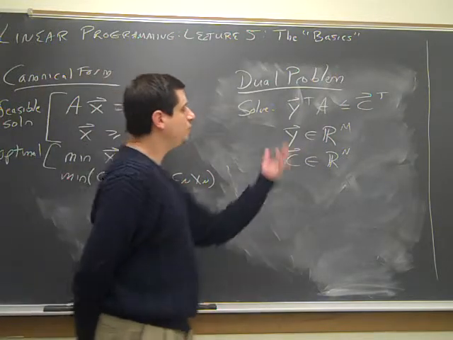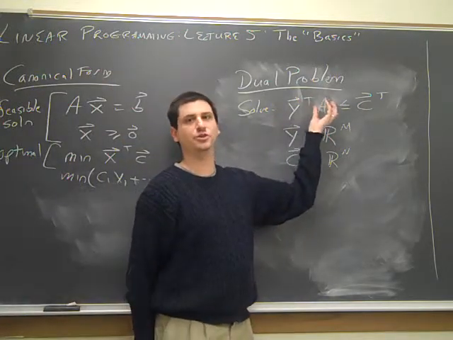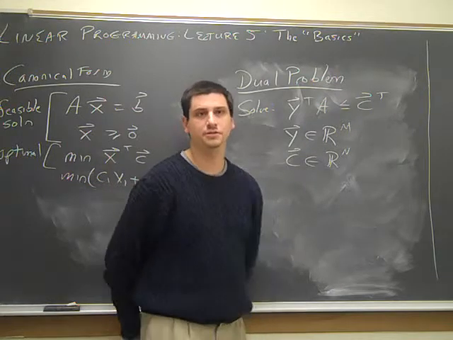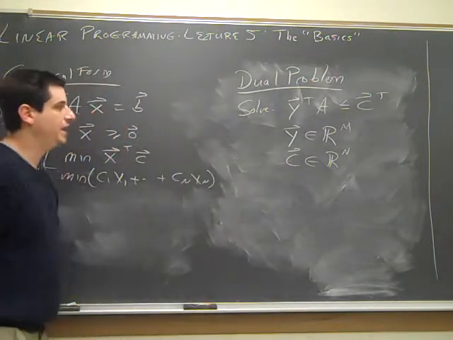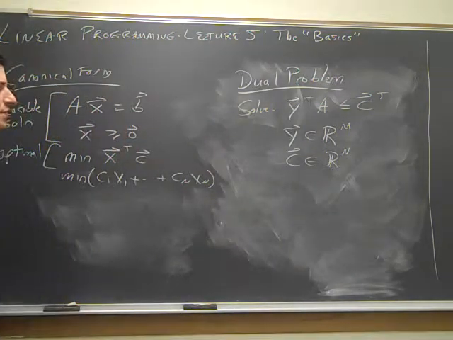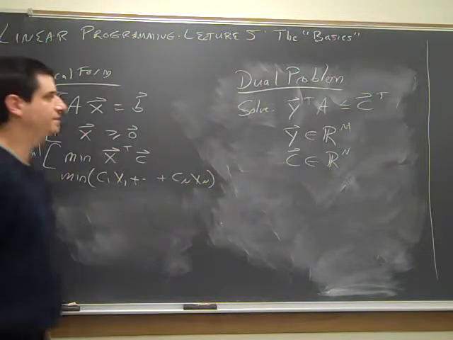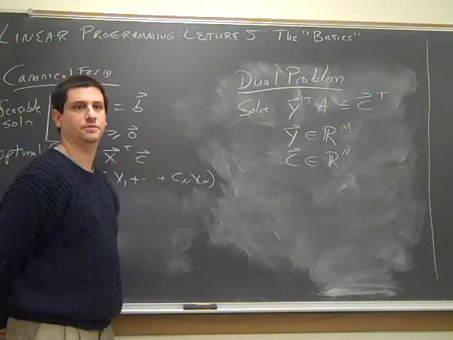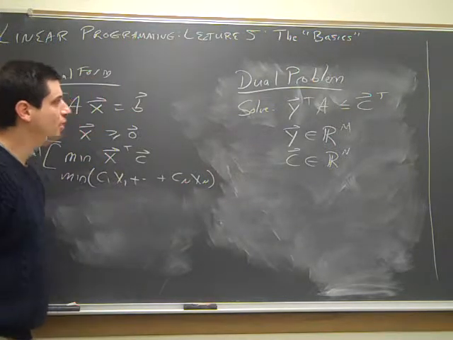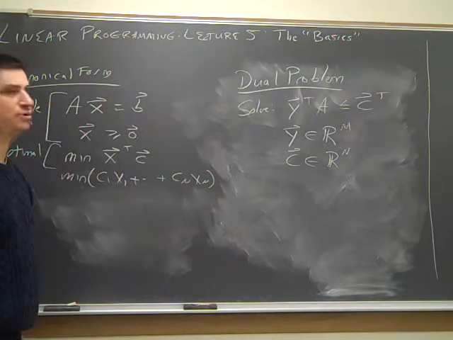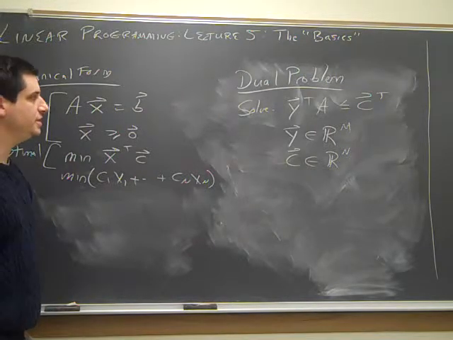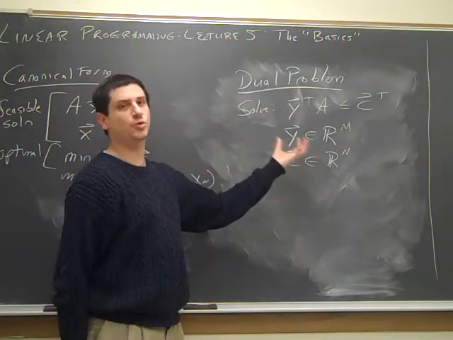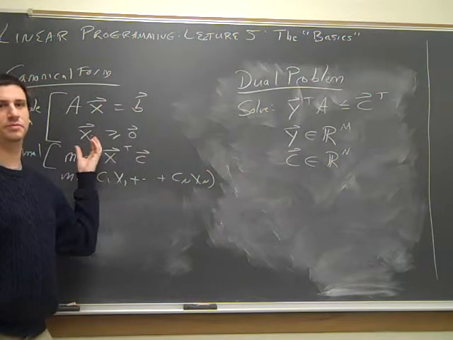And so the dual problem is a little bit different than the canonical problem. Here we actually have an inequality, and here we're allowing y to have non-negative elements as well as negative elements. And so the question is, why is it worth considering the dual problem? So the first thing is, does it seem like the dual problem is related to the canonical problem?